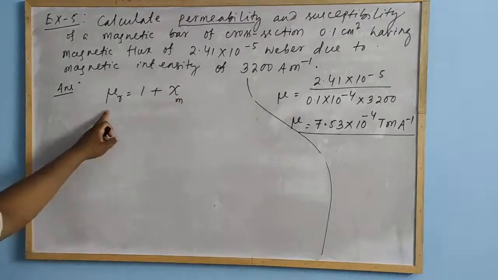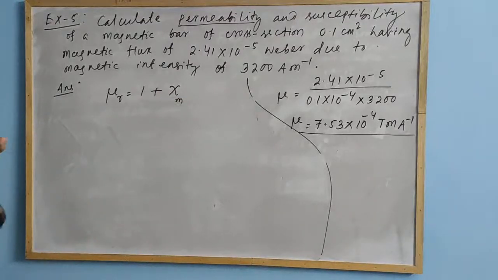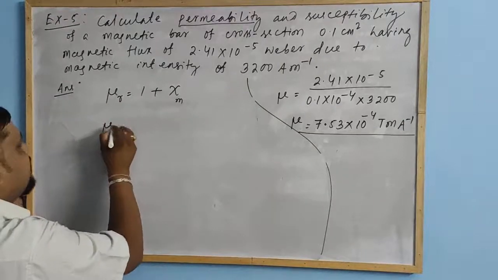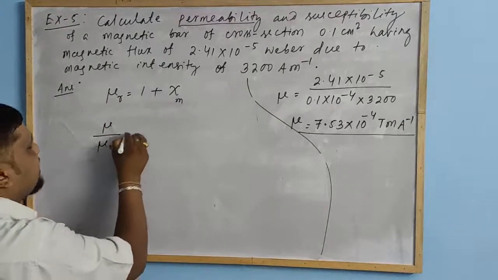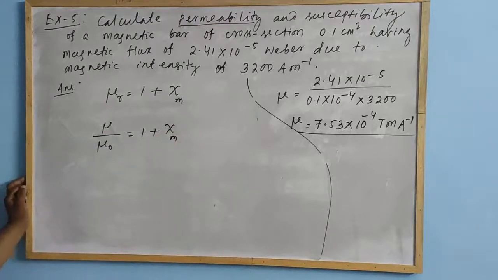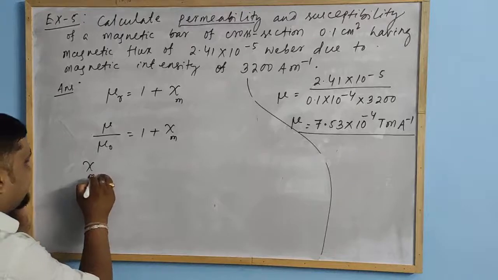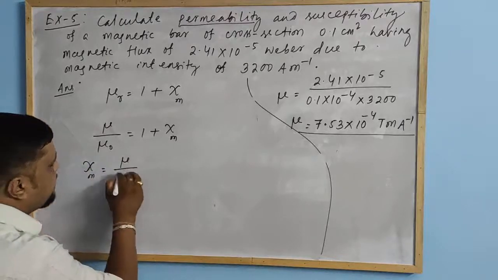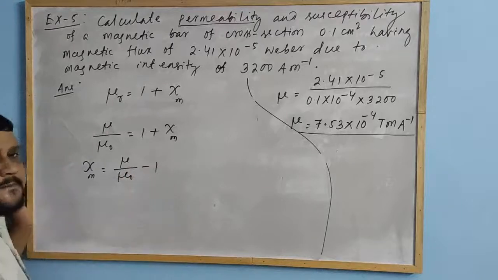Mu r is equal to 1 plus susceptibility, isn't it? Relative permeability is mu by mu naught, equal to 1 plus susceptibility, or the magnetic susceptibility is equal to mu by mu naught minus 1.